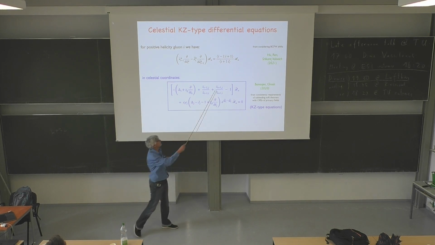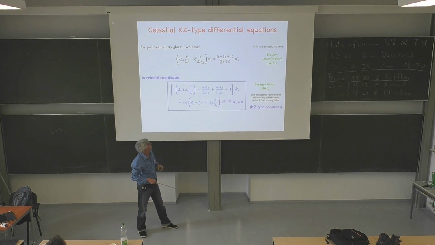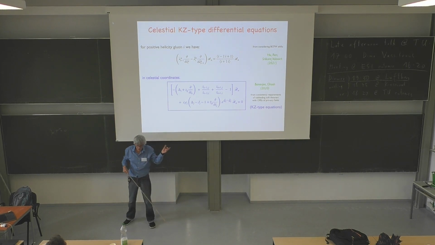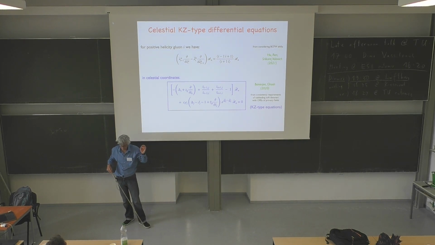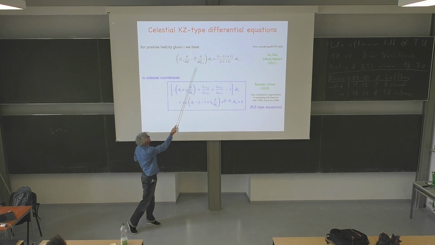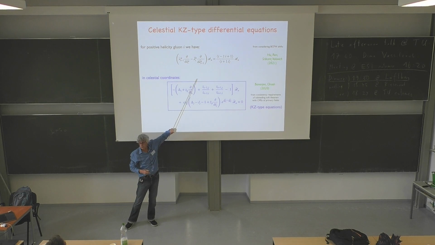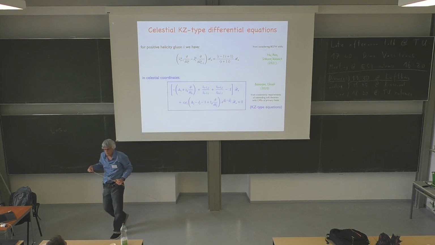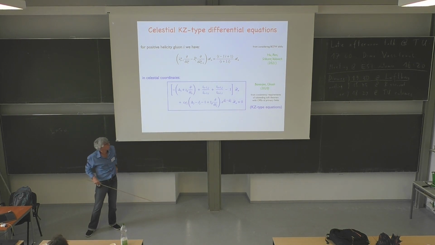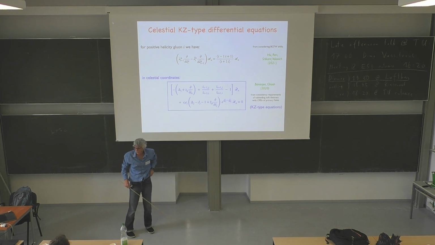They involve some kind of shifts, a complex shift in the momentum, and if you look at this complex shift, you can derive some consistency conditions which give you this equation, like a Ward identity.